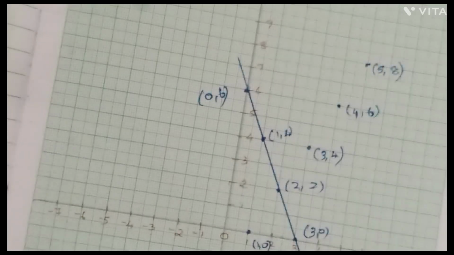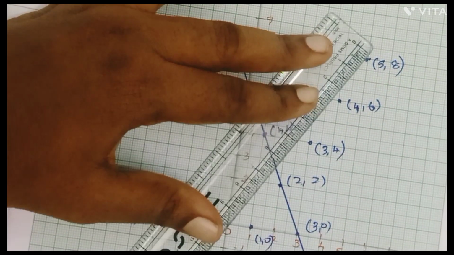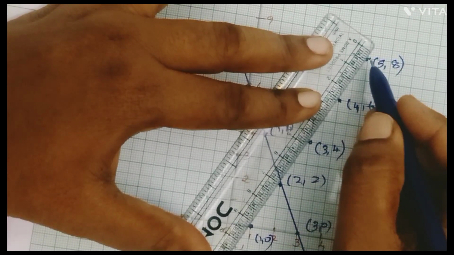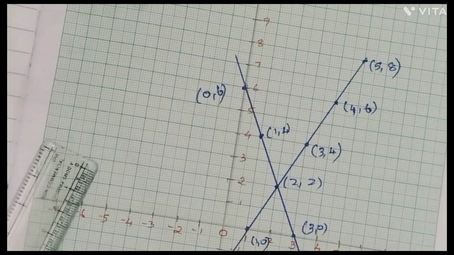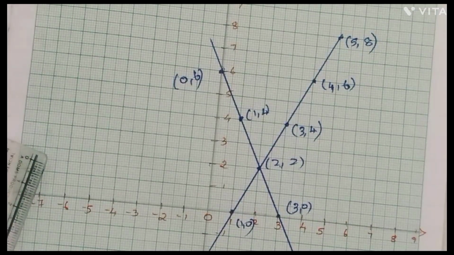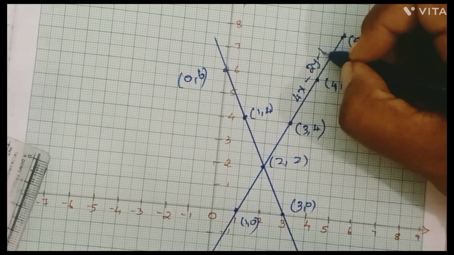Now we just join these points. So we have joined this line and the line equation is 4x minus 2y minus 4 equal to 0.